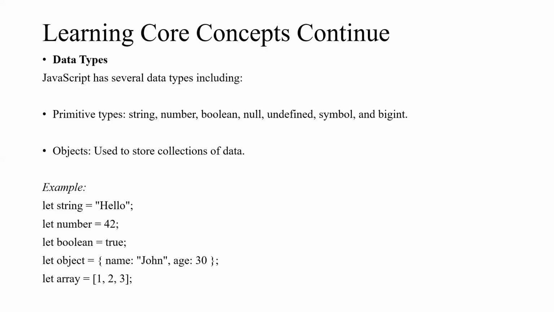The basic thing there is we have a string data structure, we have a number data structure. Under boolean, that is where we are going to be having true or false. So anything boolean means we are dealing with true or false logic.